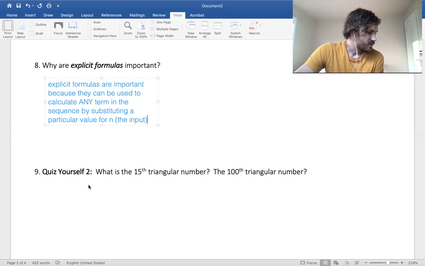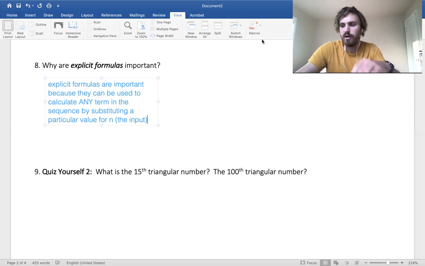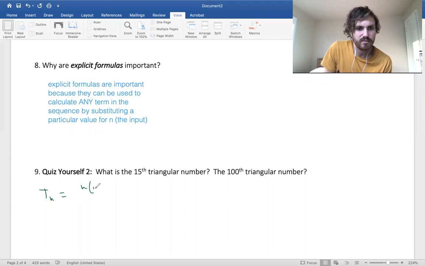So for number 9, it says, quiz yourself, what is the 15th triangular number? Well, the first thing we need is the explicit formula. The explicit formula is on page 55, and it is T sub n equals n times n plus 1 divided by 2.